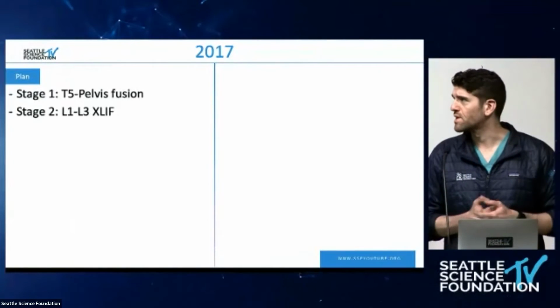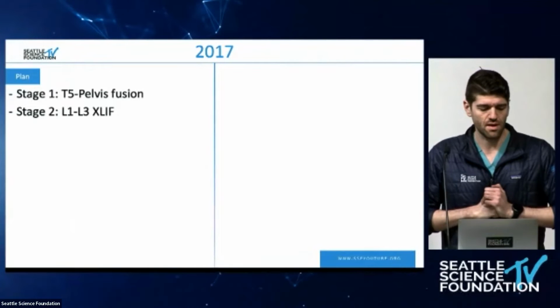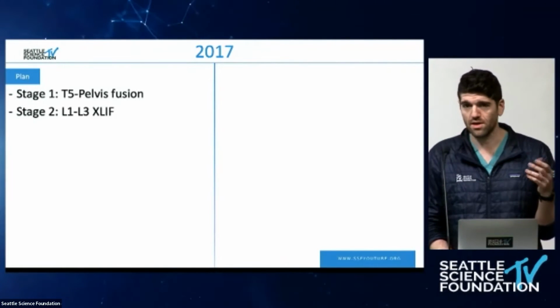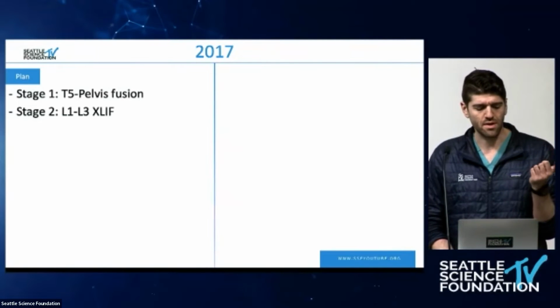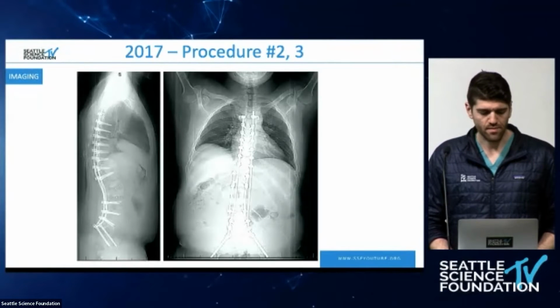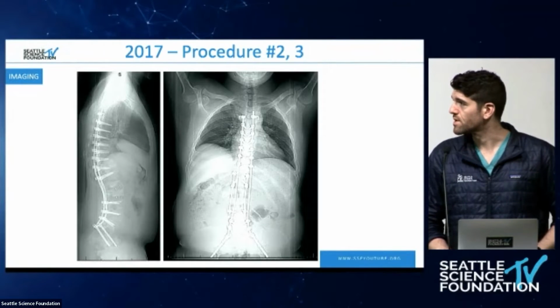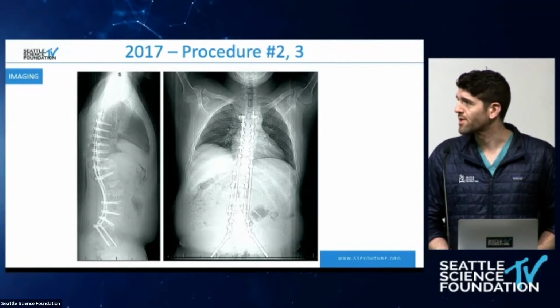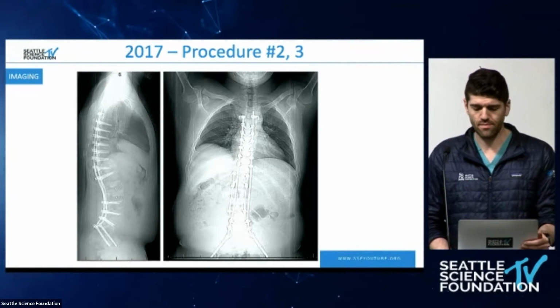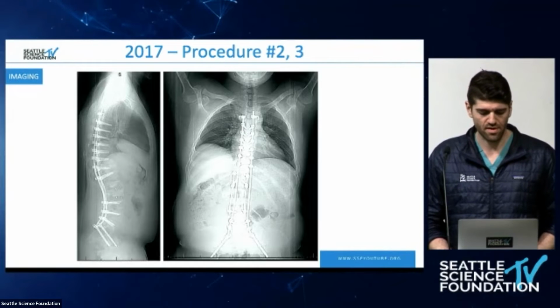So the patient was taken for a T5 to pelvis fusion in the first stage, and the second stage was L1 to L3 XLIFs, because this patient with that Charcot really needed anterior support there. And so this was the correction, the best images being the scouts.